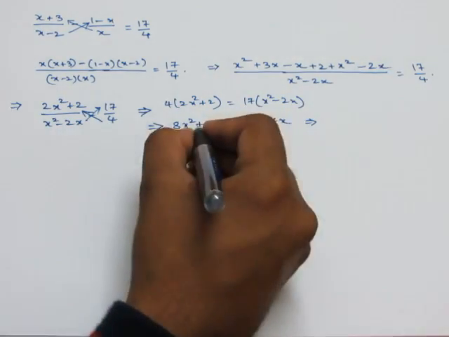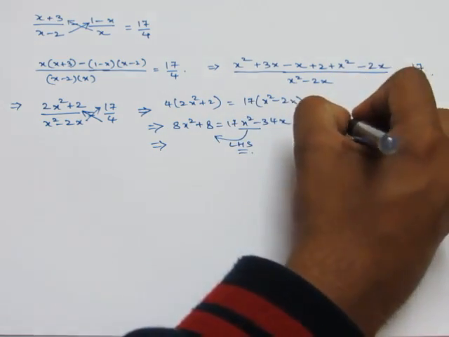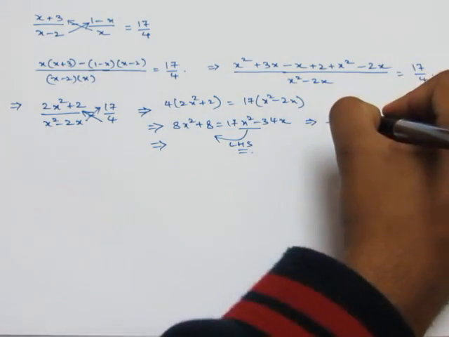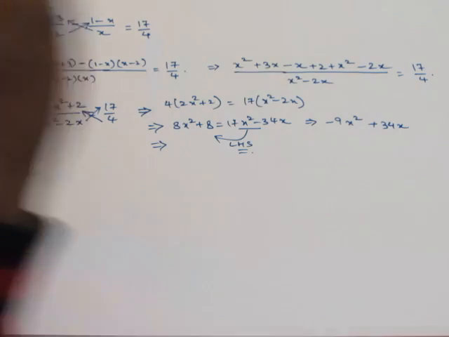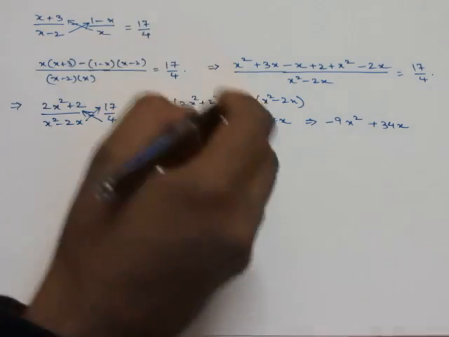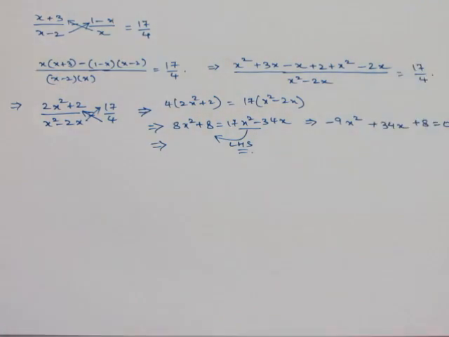What we get? 8x square minus 17x square, so I get minus 9x square plus 34x plus 8 equals 0.